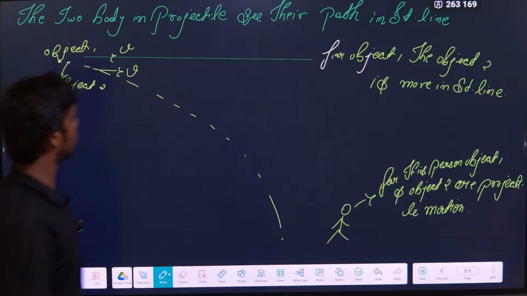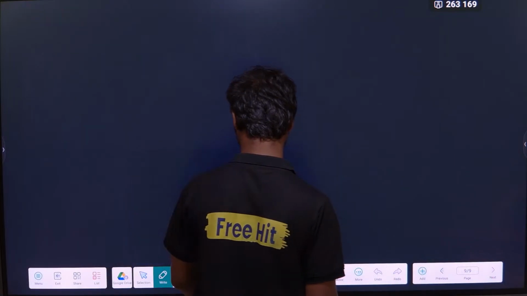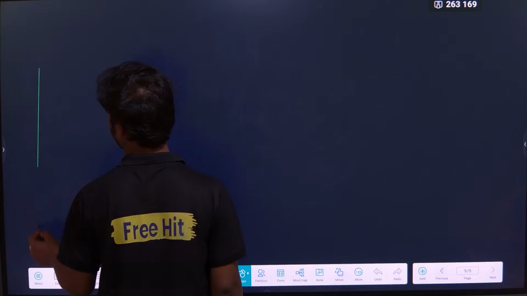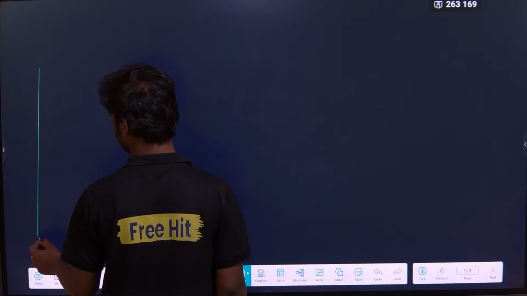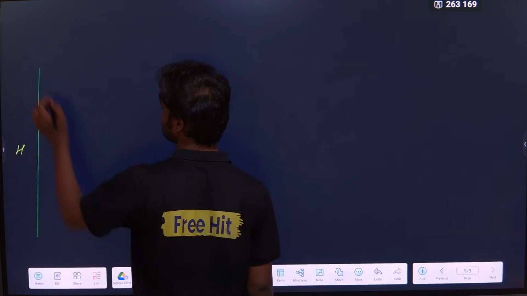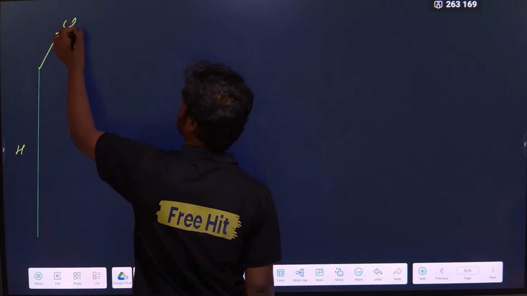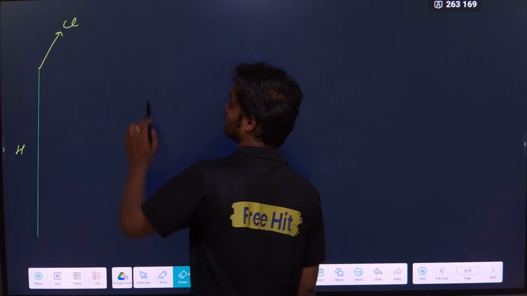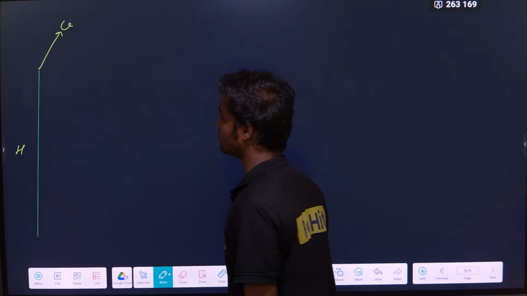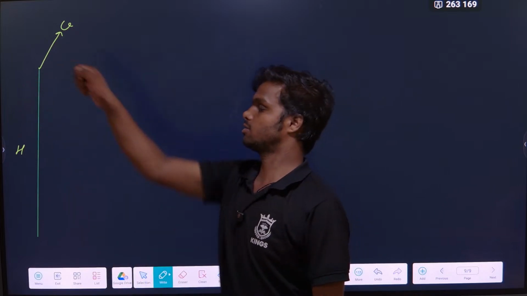Clear? Okay, now the next case is the last case. What is that case? Suppose this height is h, okay, this is u, and suppose I have thrown this object like this, not like this.